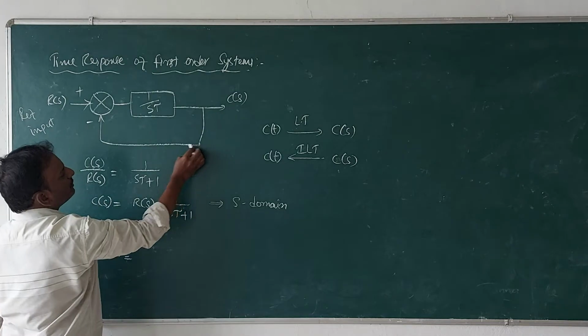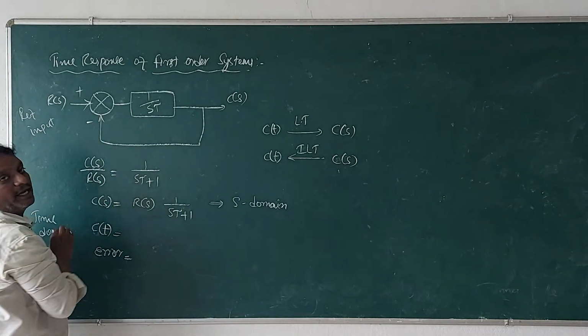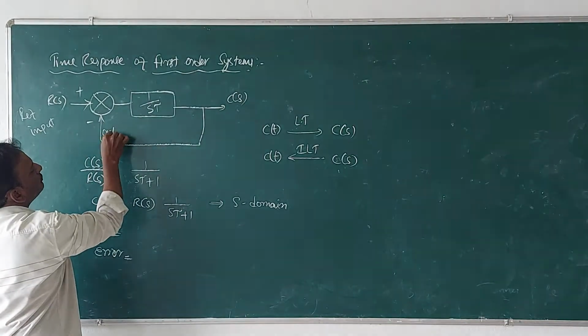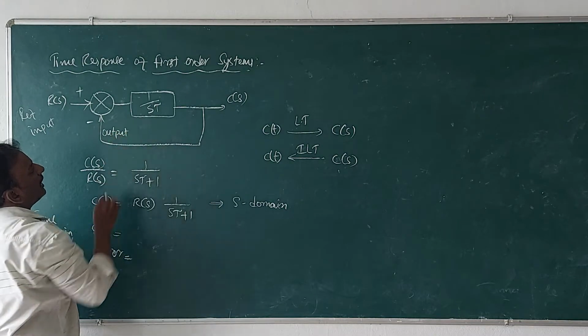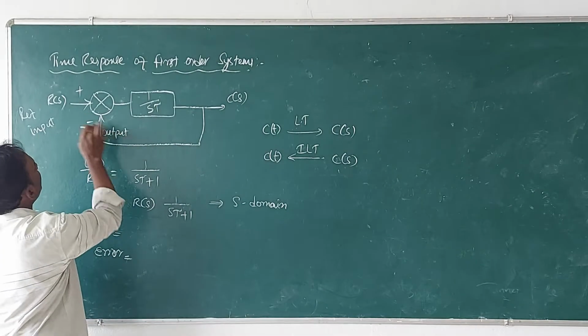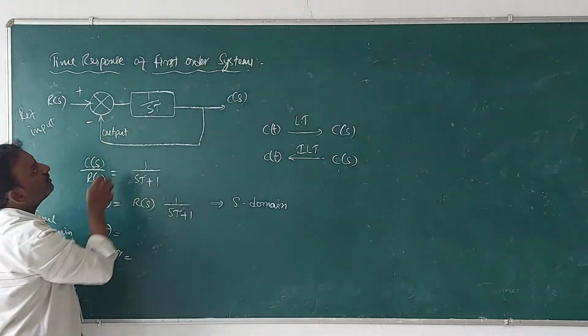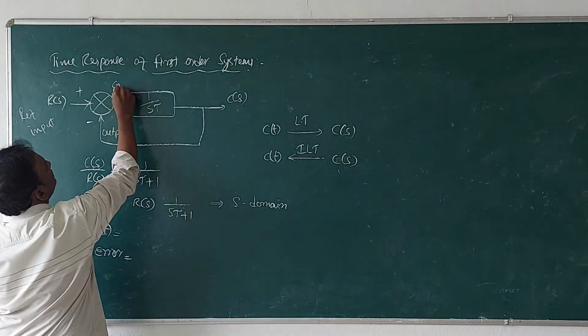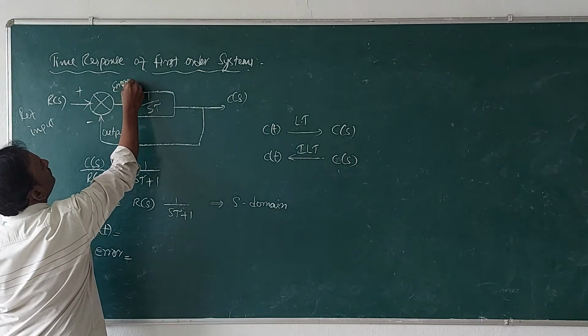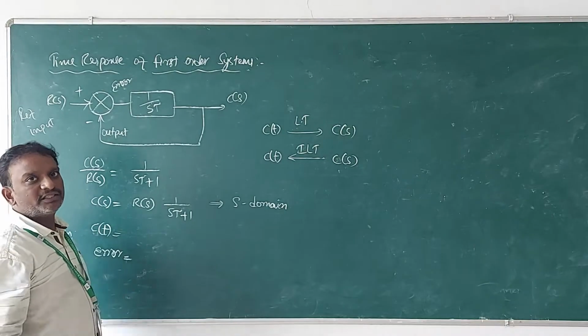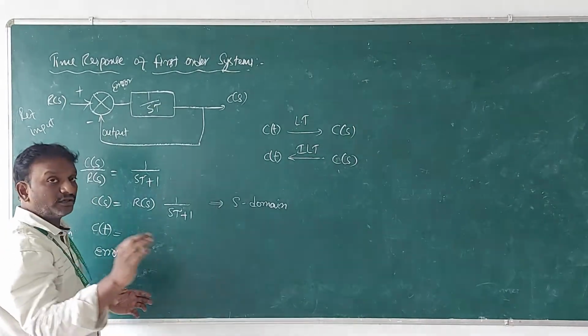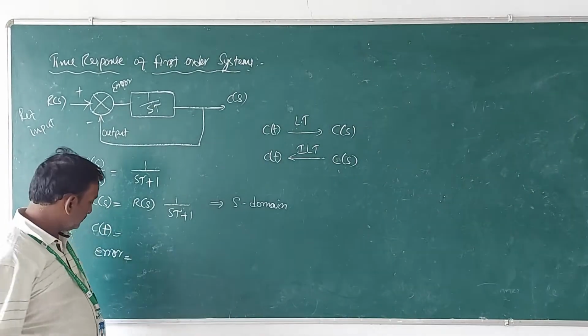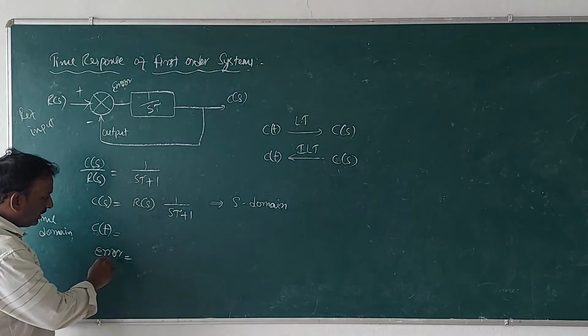The same output I am going to connect as a feedback. So this is your actual output. By comparing this reference input to this actual output, I get the error. Is it right or not? The same information I already explained in the last class, in the offline classes itself.